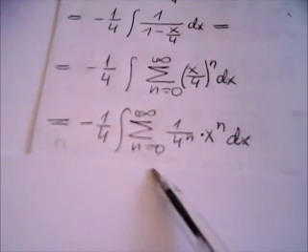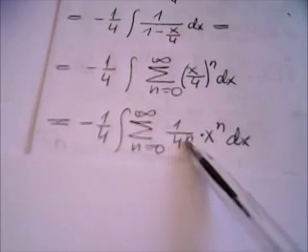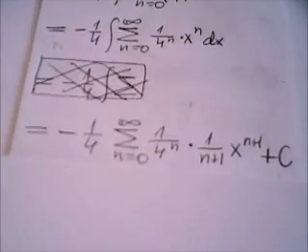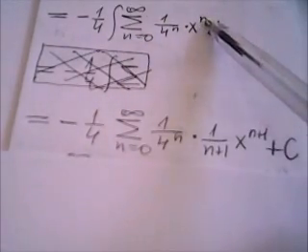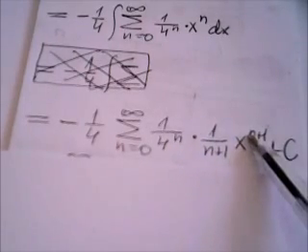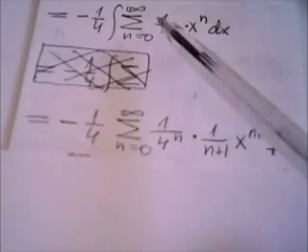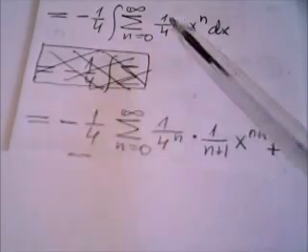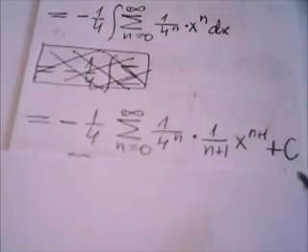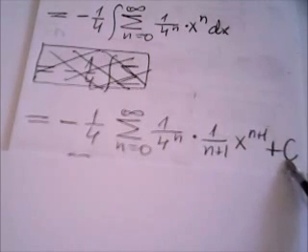After conversion, we have the summation 1 over 4 to the power n times x to the power n. And now integrate. The integral of x to the power n is 1 over n plus 1 times x to the power n plus 1. 1 over 4 to the power n is constant, we rewrite. Minus 1 over 4, we rewrite. And secondly, plus c, the constant of integration.